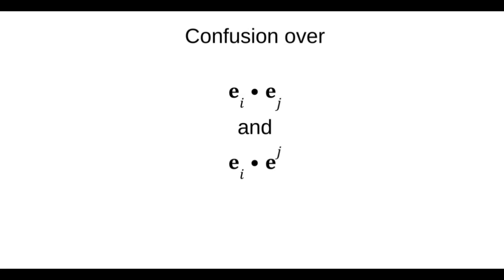Good morning, Tensor friends. In one of my videos, I created some confusion because I didn't explain it well over a covariant inner product, two covariant basis vector inner products, and a covariant and contravariant inner product.